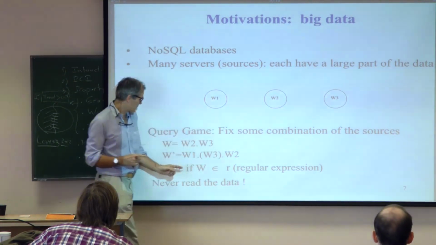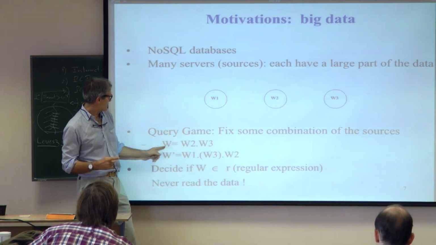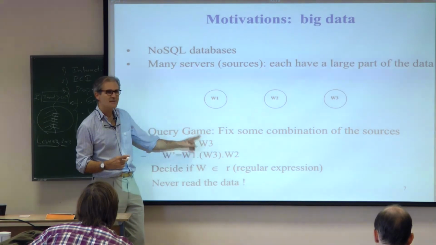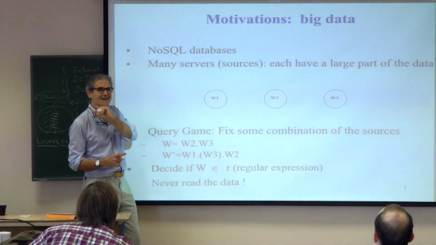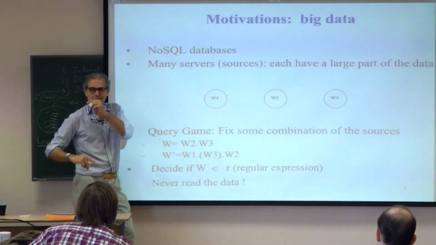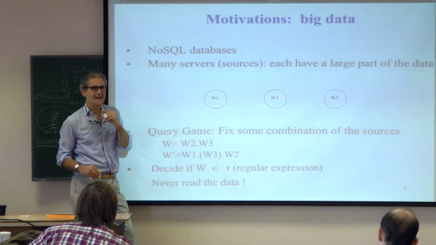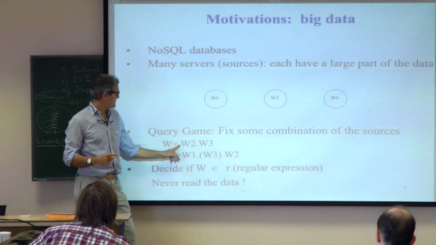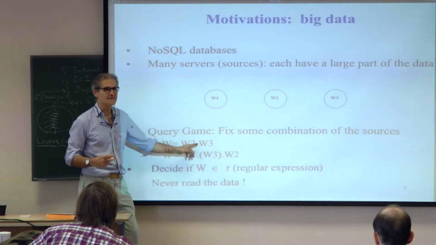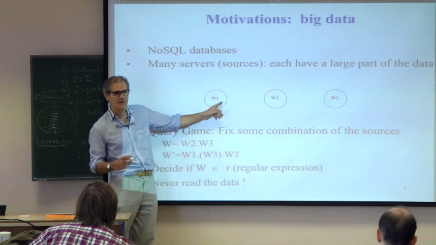Okay, so therefore, now you're talking to an agent that has the statistics of W2, statistics of W3, and he should get the statistics of W2.W3. Okay, how can he do this? Now imagine that he also has the relative sizes of every person.